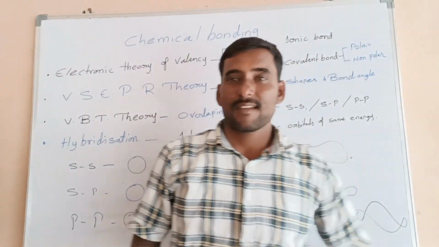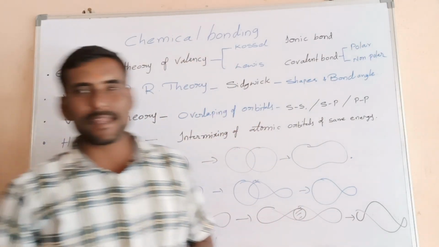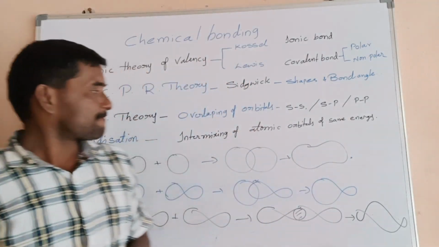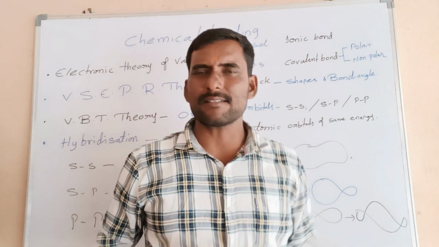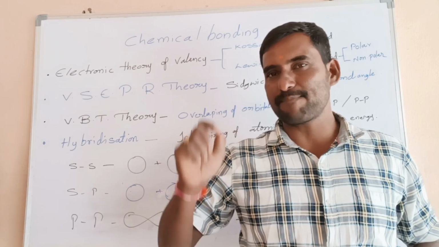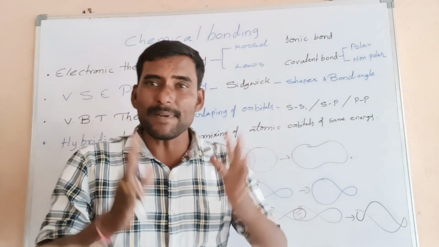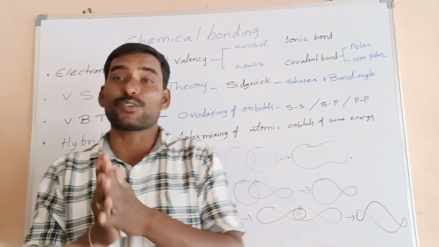Now we are going to discuss the VBT theory given by Linus Pauling. He explained the overlap of orbitals: SS overlap, PP overlap, SP overlap. When orbitals come together, for example, hydrogen can combine.